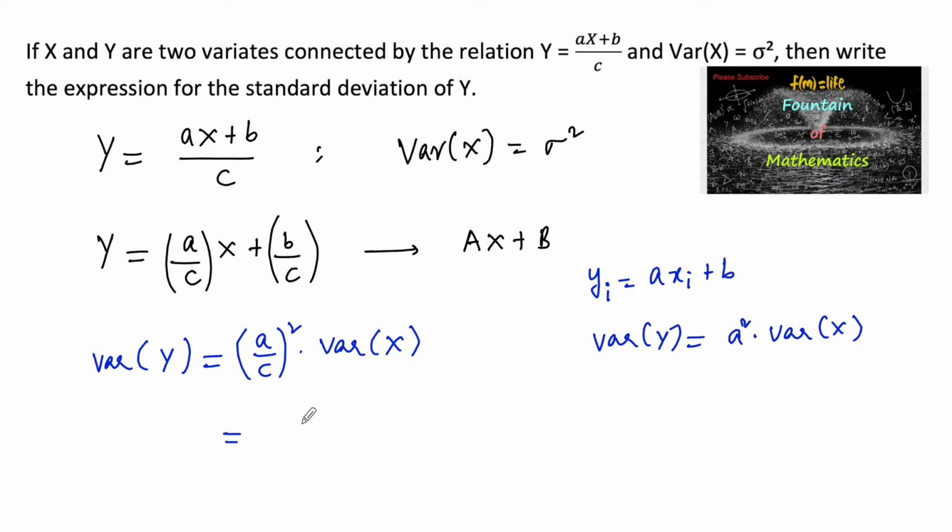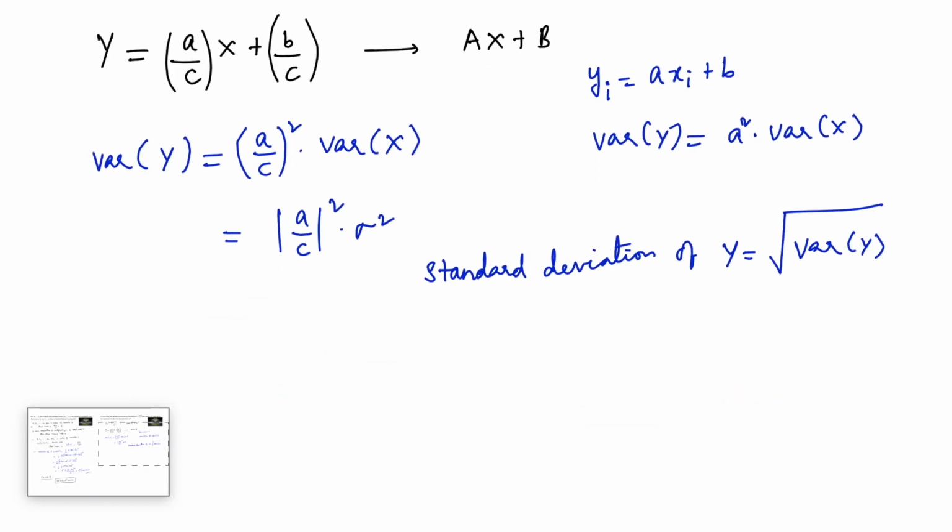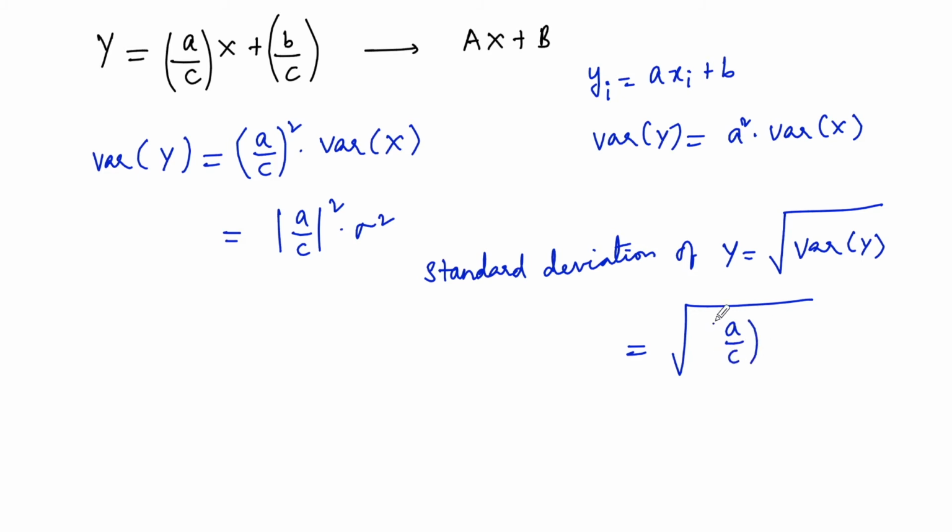So we can write mod of a by c whole square into variance of x, which is sigma square, and hence the standard deviation of variable y is equal to square root of variance of y, which is equal to square root of a by c whole square into sigma square, that is mod of a by c into sigma. So we can say that the standard deviation of the variable y is mod of a by c into sigma. Okay.